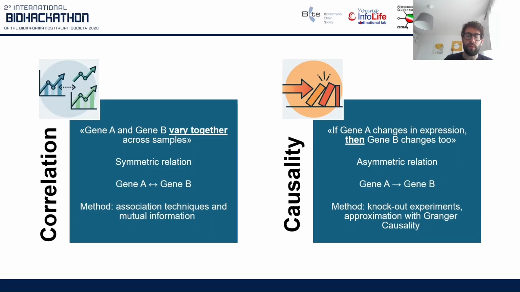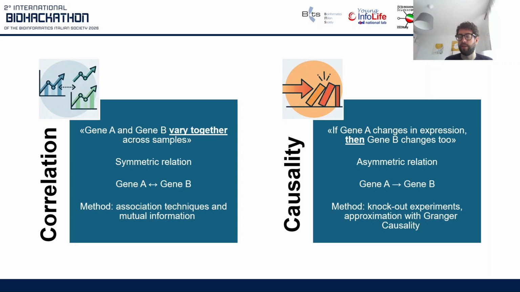Causality is different from correlation, because if gene A changes in expression, then gene B changes too. It's not that you measure a variation that goes together hand in hand. Also, causality gives you an asymmetric relation, so you can say that one gene is actually causing the other one.